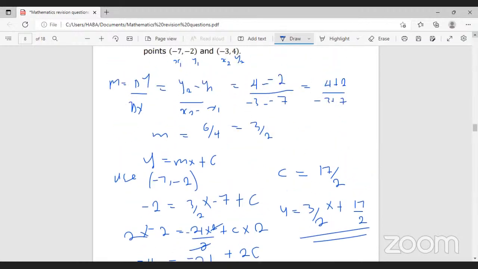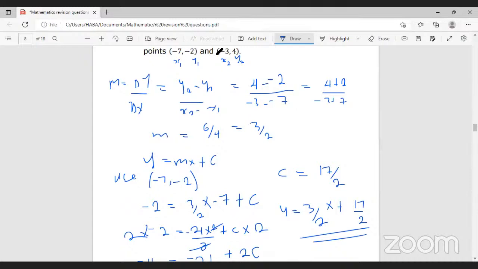Okay. So we begin by finding the gradient, which is change in y over change in x. And we get y2 minus y1 divided by x2 minus x1.